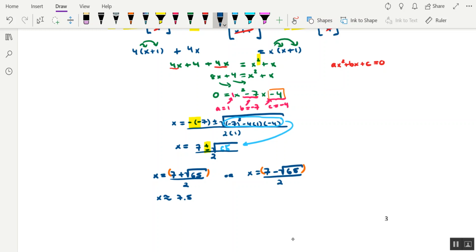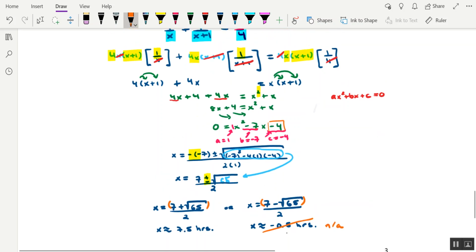So as it relates to the application problem, 7.5 stands for 7.5 hours. Now, as for the second value of x, this is approximately negative 0.5 hours, which, of course, negative time doesn't have any meaning. So I'm going to cross this out and just say that it's NA.